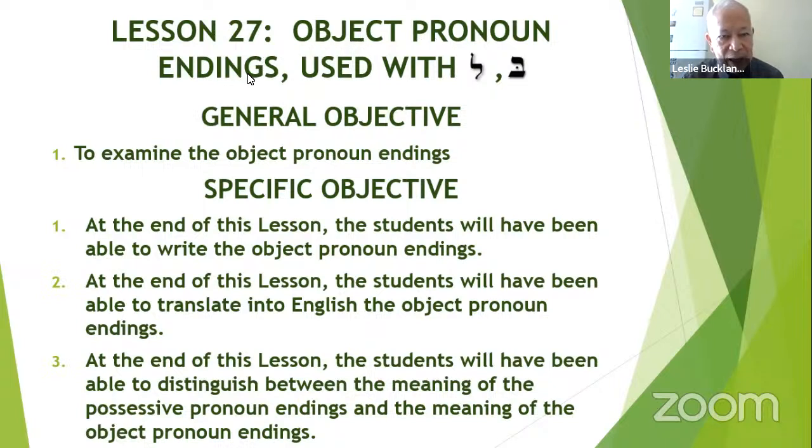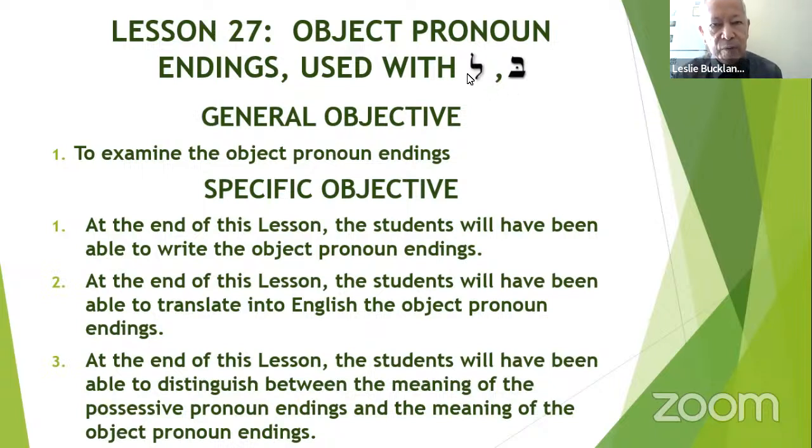They're placed at the end of nouns and also at the end of prepositions. In this lesson, we focused on two prepositions, the preposition lamed, which means to or for, and the preposition bet, which means in, with, or by.